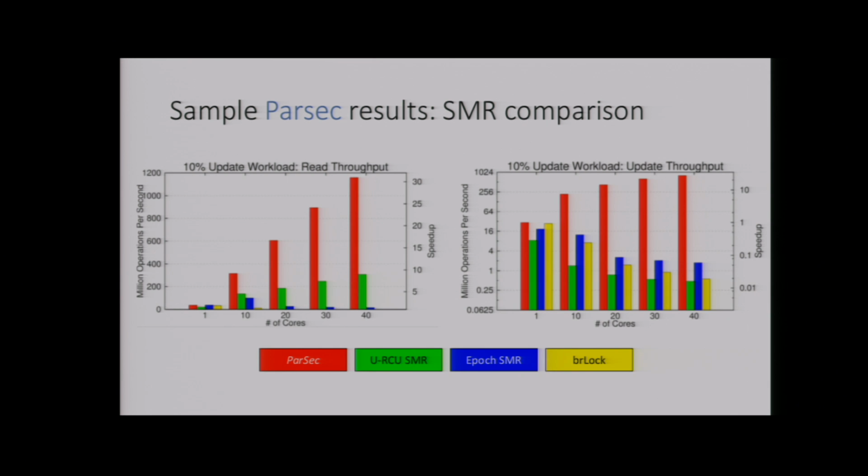So if we look at the scalability of the read path, RCU and Parsec do relatively well. They are both scalable. Parsec is at a higher slope, so it uses the increased cores better in this case. And that really just comes down to the fact that it's not reading that global variable that is bouncing around every single time that we do the sync.